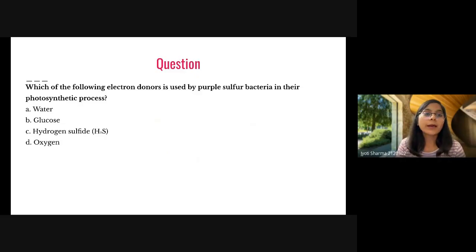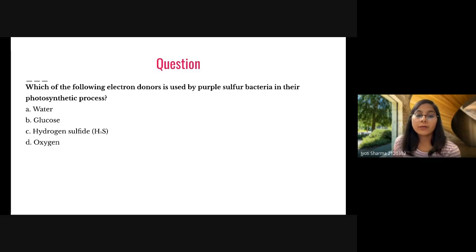Okay, coming to the next question. Which of the following electron donors is used by purple sulfur bacteria in their photosynthetic process? And the options are water, glucose, hydrogen sulfide, and oxygen. We have talked about the electron donor, right?